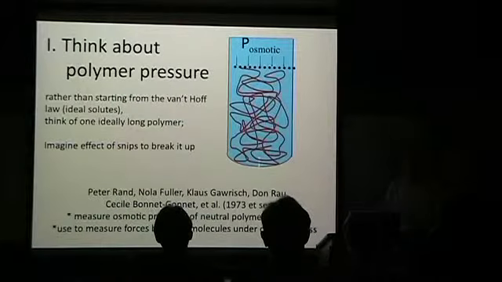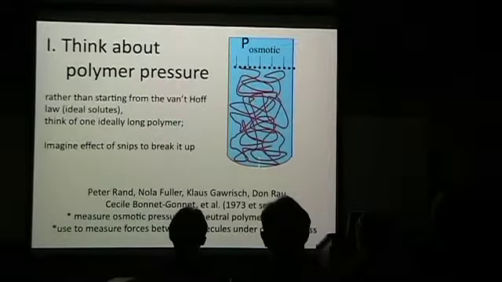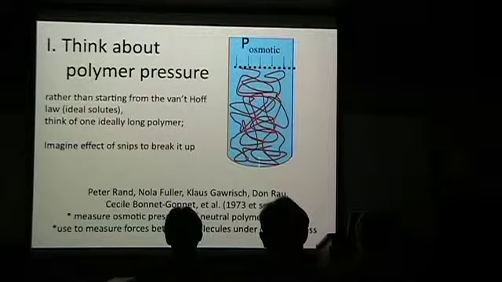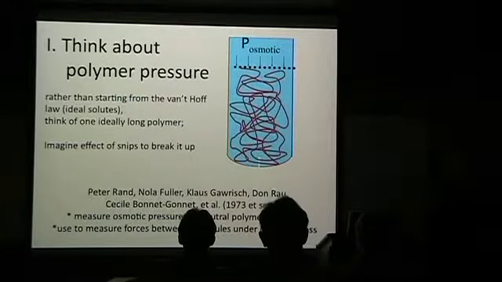So the first is this polymer pressure. We know the Van Hoff law, right? It's just sort of a version of ideal gas law, but this time it's for small solutes. That's obviously not in the picture there. I suggest that we start from another perspective. Imagine that that molecule is one big wiry mess, and you're having to squeeze that down.